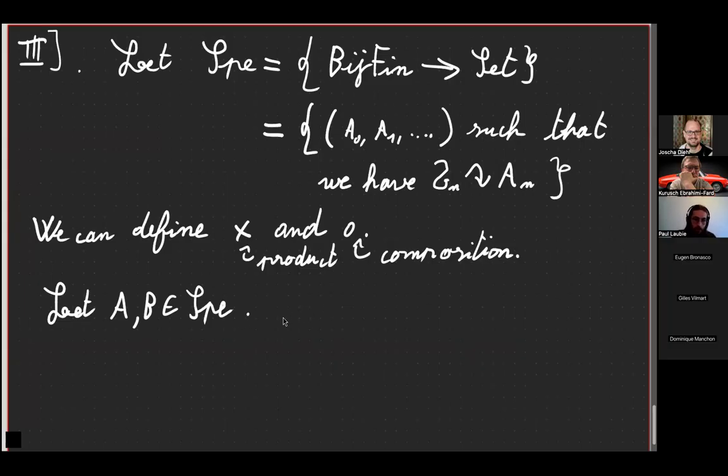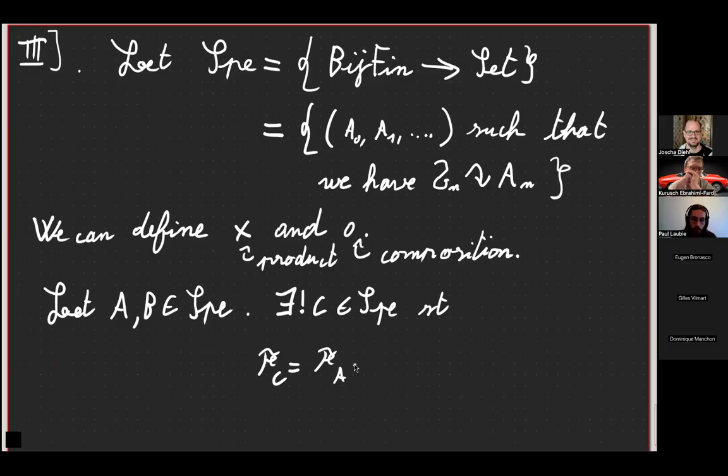So we defined, and I should say this is a property, we have a unique species C such that f of C is equal to f of A times f of B. And when I say this, I mean that f of A times f of B applied to X is exactly what we want it to be.